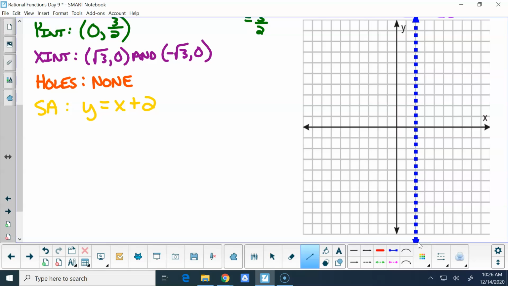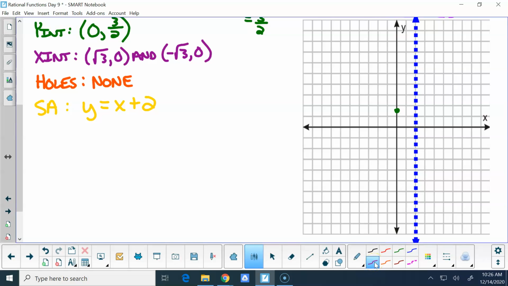We didn't have a horizontal asymptote. We had a y-intercept at (0, 3/2). We had an x-intercept at the square root of 3.